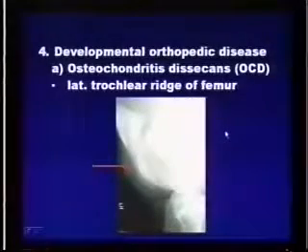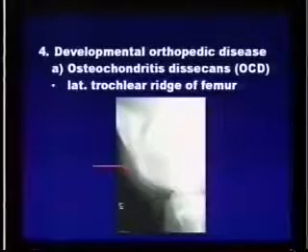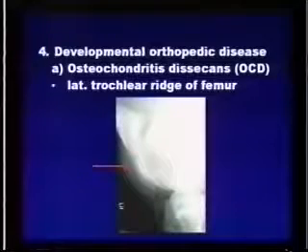Okay, now we'll go on and talk about some orthopedic problems that lie in the group of diseases called developmental orthopedic disease. First condition that we'll talk about is osteochondritis dissecans, or OCD as it's commonly referred to.